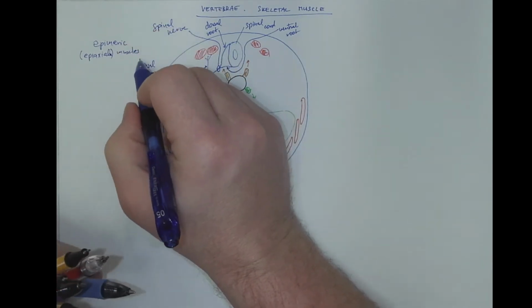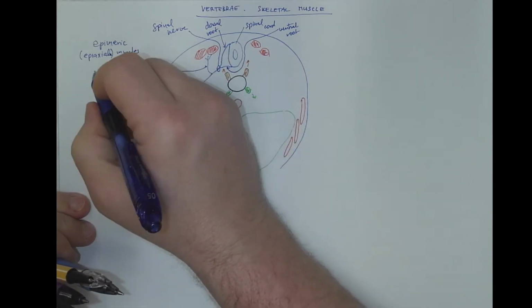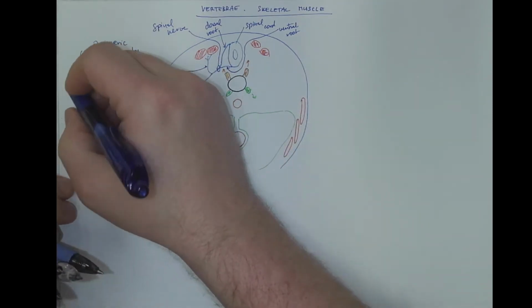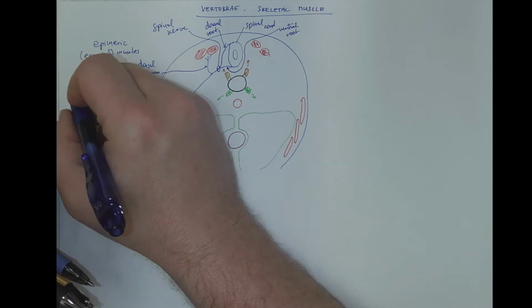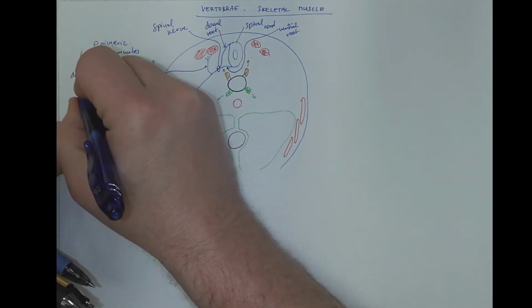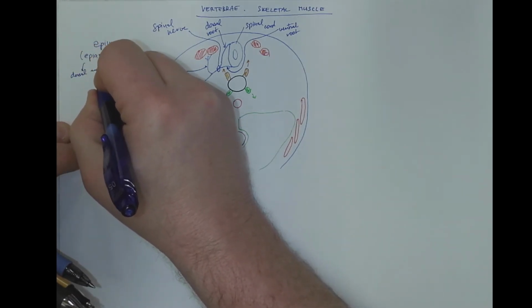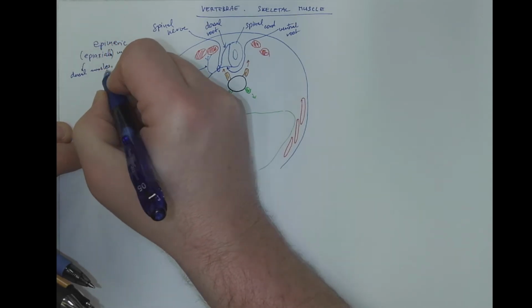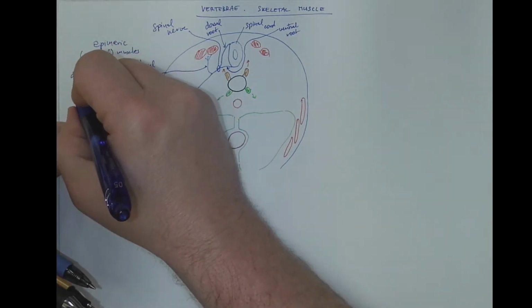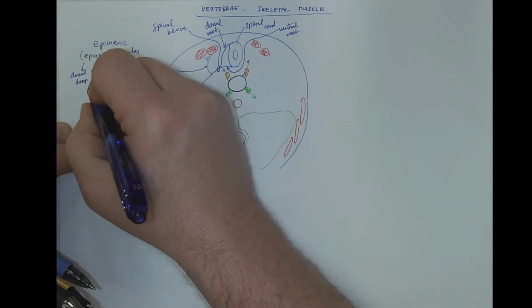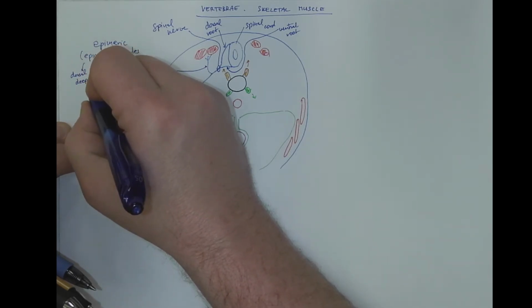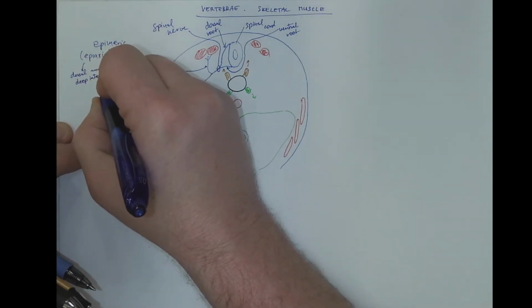They retain the original segmentation pattern, and they become the dorsal muscles and the deep intervertebral muscles.